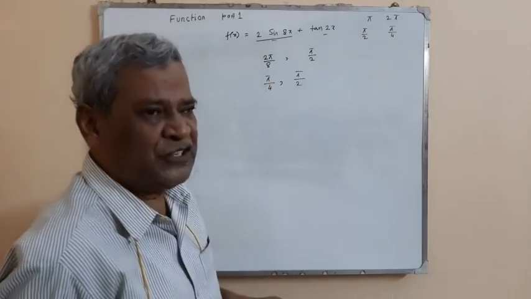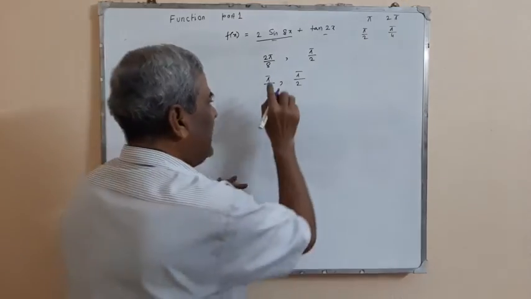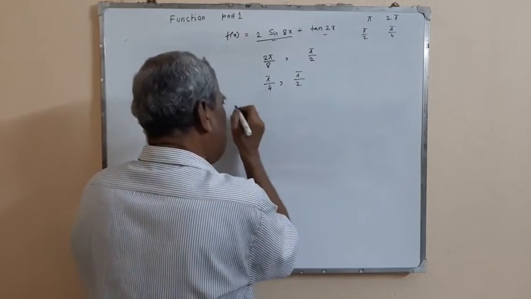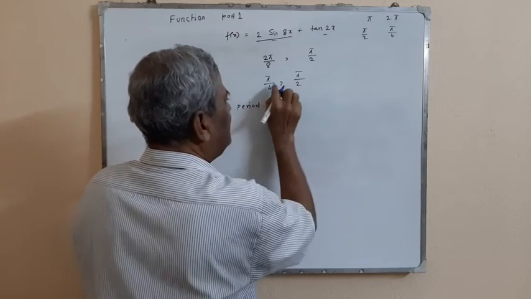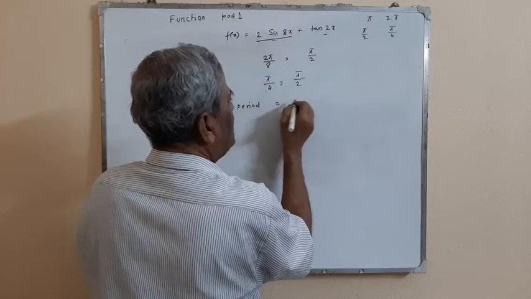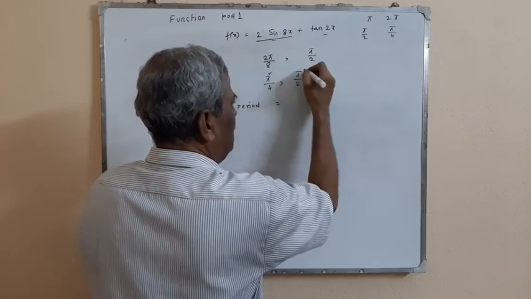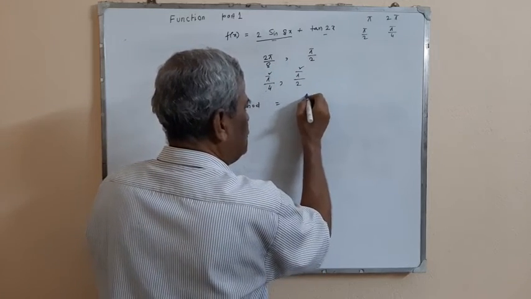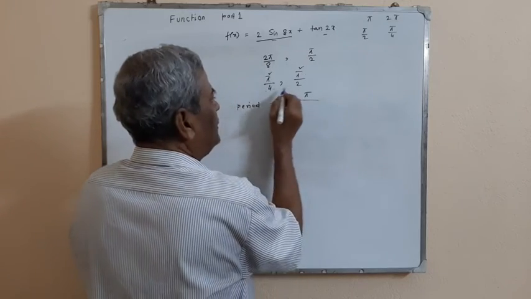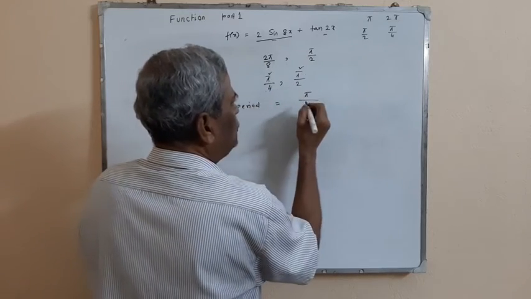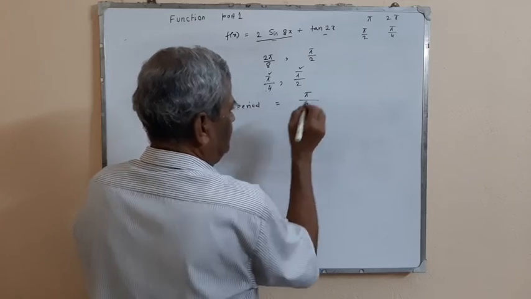Both are fractions, so the LCM, that is the period, is the LCM of the numerators, the LCM of pi and pi, which is pi, over the HCF of the denominators 4 and 2, which is 2.